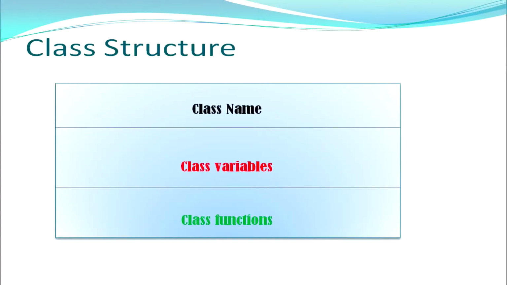As you can see, the structure of a class consists of the class name, the variables or the data that I want to store in that particular class, and the functions. For example, if I want to store the record of students, then the class name can be student, the variables can be roll number, name, marks, address, date of birth and so on.